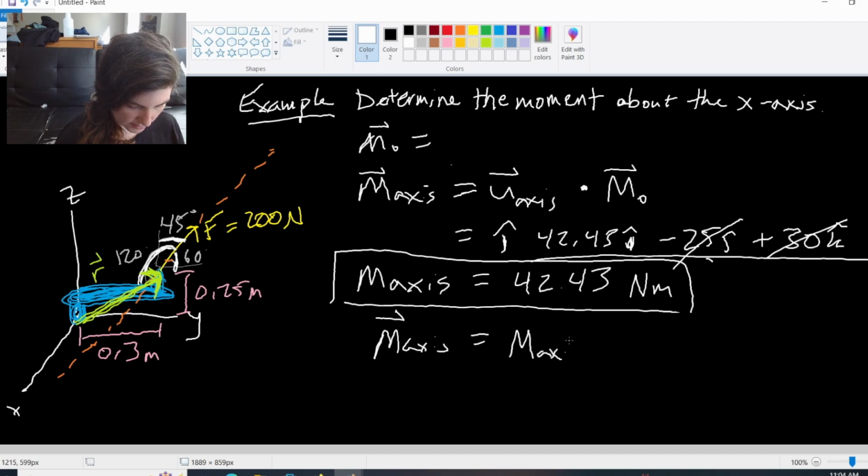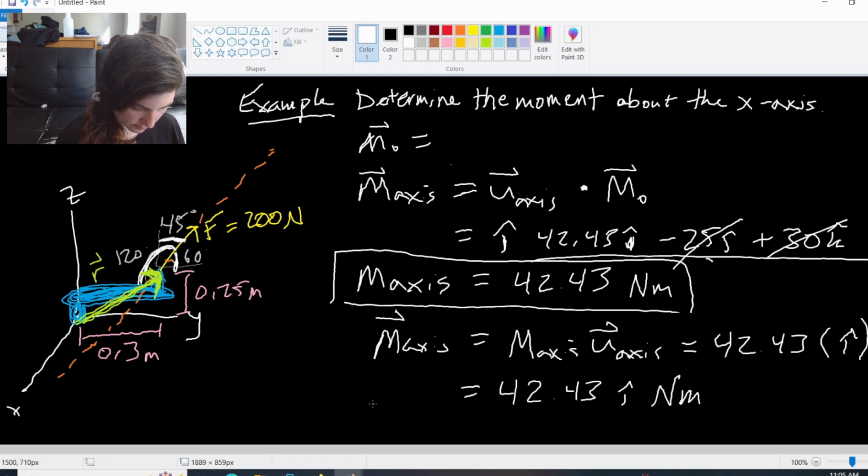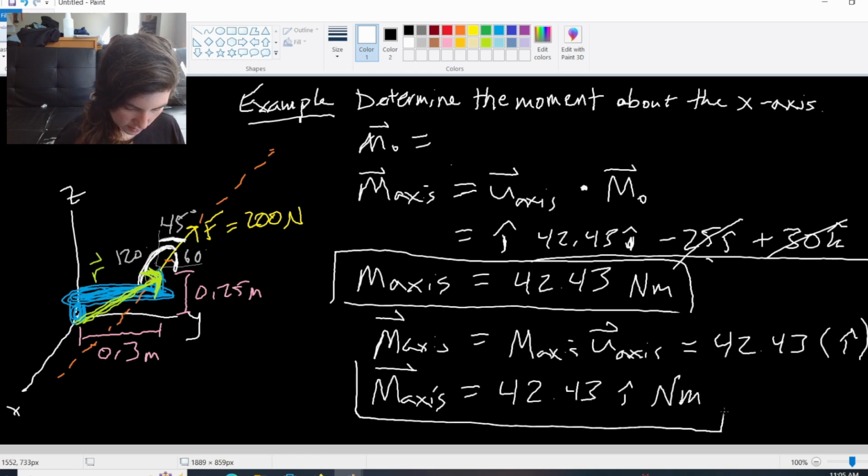So I get M axis times the unit vector of the axis, which in this case is going to be the 42.43 times i hat, right? Just one single i hat. So I get 42.43 i hat Newton meters. And that's my moment about the x-axis.